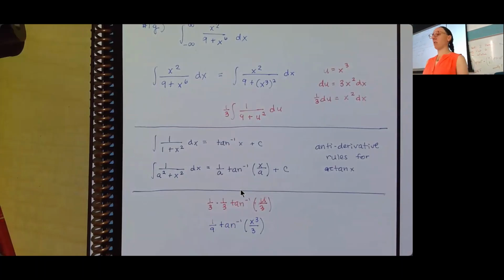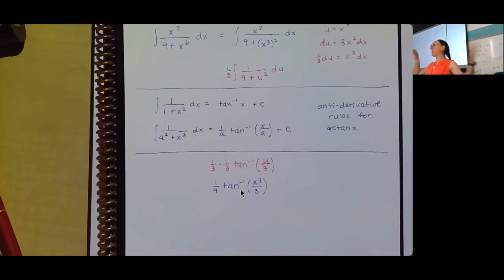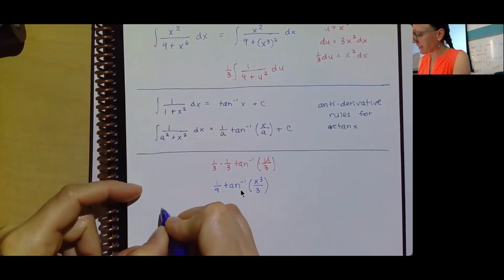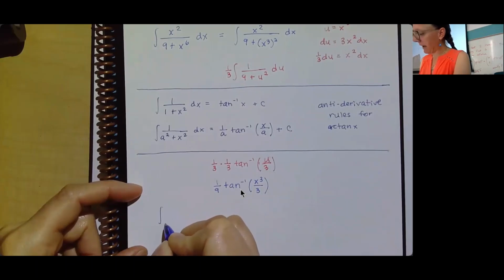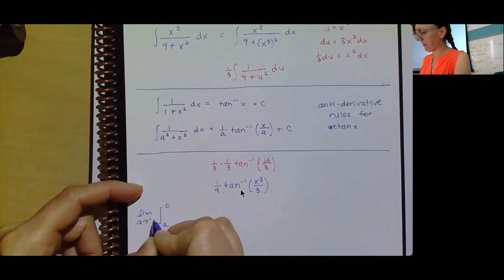And now we can address our limits. So the whole thing was going from negative infinity to positive infinity. Since both of those limits cause a problem, we have to choose a number in between. And I am going to choose 0 because I'm going to choose something that I know the value of arctan for. So I am going to break this up and say that we were going from a to 0, with a headed to negative infinity.